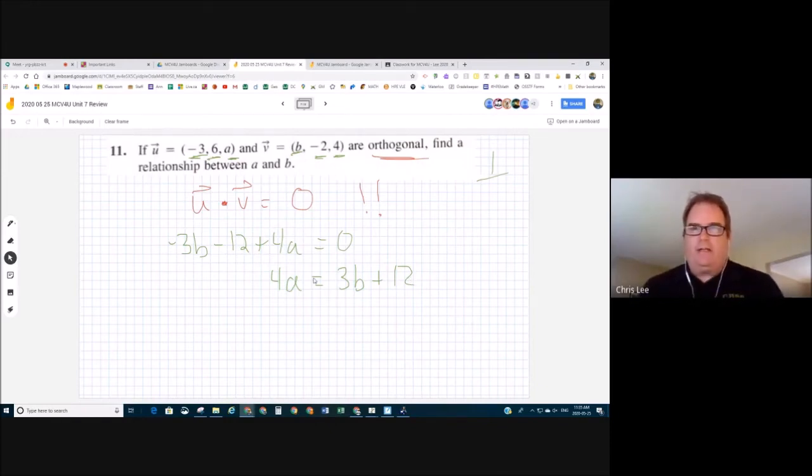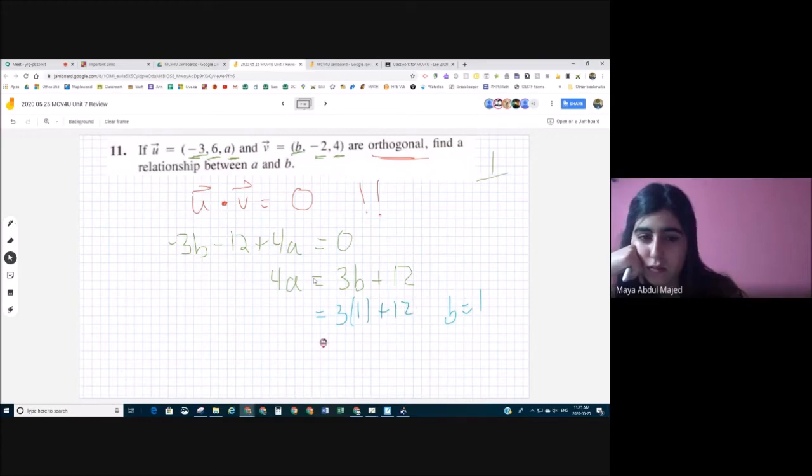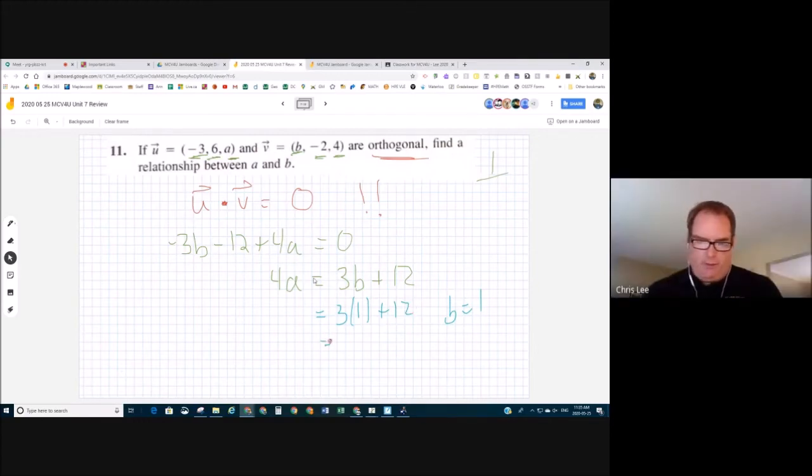And it turns out then that there's actually lots of answers for this. There's multiple answers. You can choose any value for b in this question. So if I chose, let's say, b equals 1. So I sub that in. This would be 4a equals 3 times 1 plus 12. Oh, 1's not a great number.